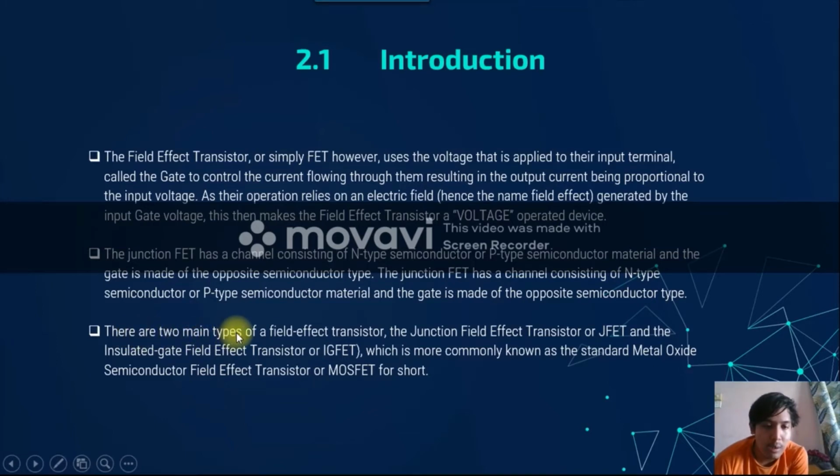There are two main types of field effect transistor: the junction field effect transistor, or JFET, and the insulated gate field effect transistor, or we call IGFET, which is more commonly known as the standard metal oxide semiconductor field effect transistor, or MOSFET for short.